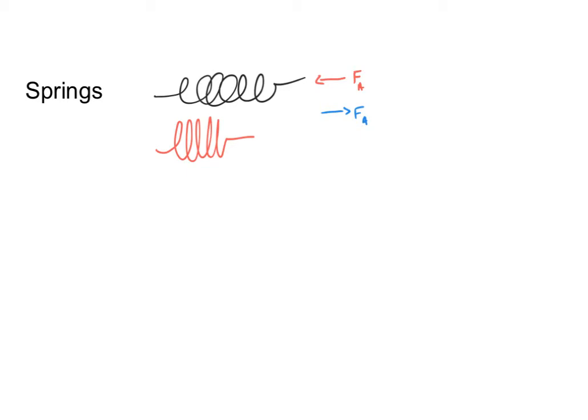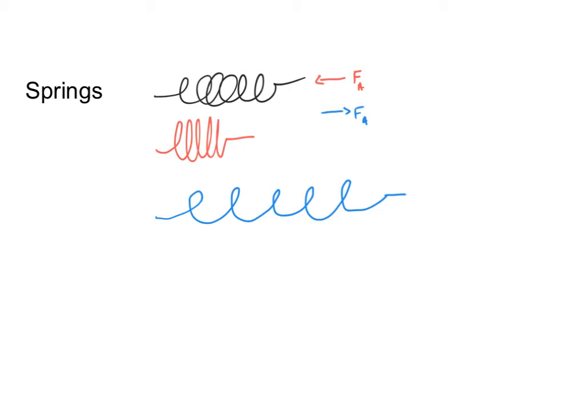And if I do that, the spring is going to expand. So, in both situations, the spring is being deformed, or changing shape because of a force being applied. We can use that change in shape to measure the spring force.